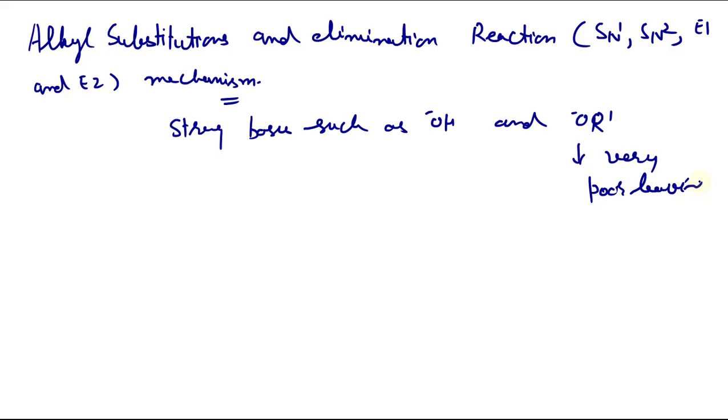But in acyl substitution, they act as good leaving groups, whereas alkyl substitutions with them are very slow reactions. We can explain this by considering the mechanism of both alkyl substitution as well as acyl substitution. The acyl substitution mechanism is also called the addition elimination mechanism.